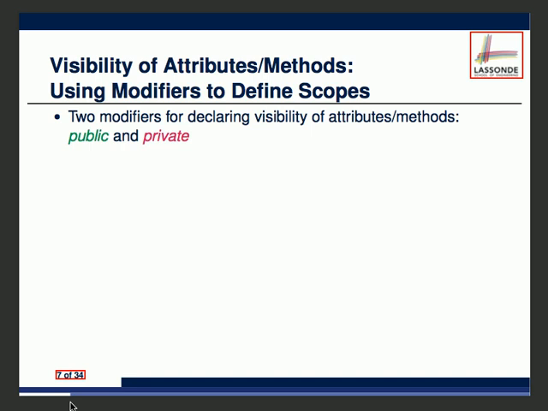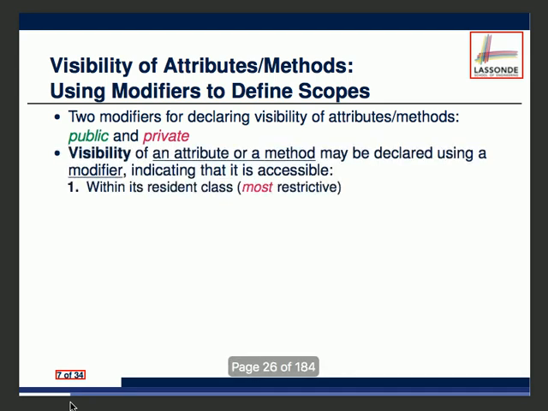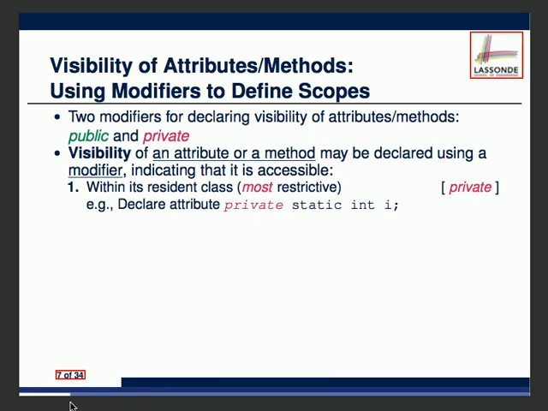And the visibility has 3 possibilities: either public, private, or no modifier. I'm going to show you how that works. So now, for example, the most restrictive attribute or method you may have is to say private. For example, you might say private static int i.